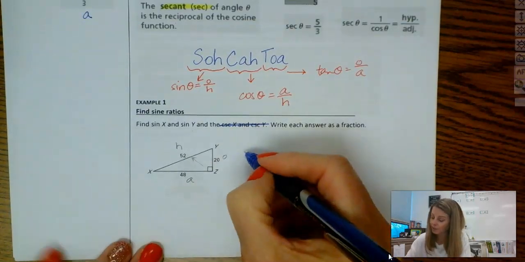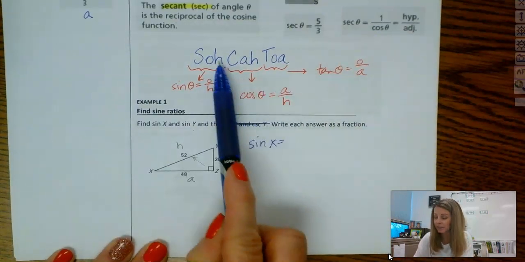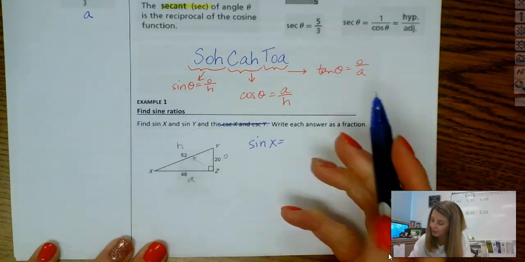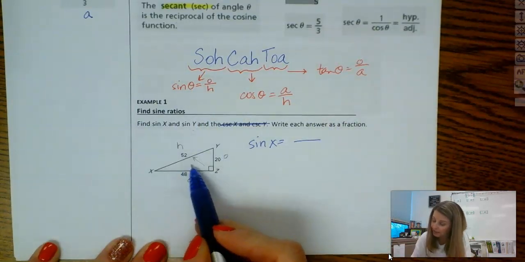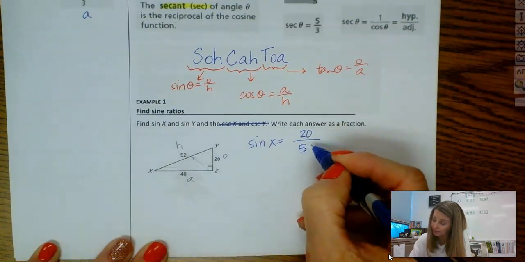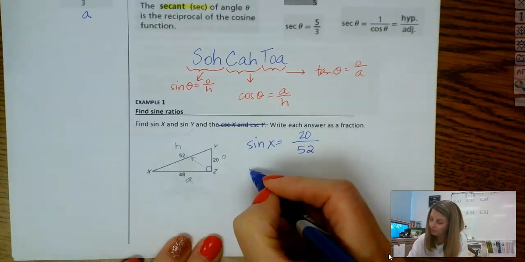Okay, so if I'm going to do the sine of x, I'm thinking to myself, SOHCAHTOA, sine is opposite over hypotenuse. So from x, I label 20 as my opposite, 52 is my hypotenuse. Okay? And so we can either leave it like that, we could reduce it down if we wanted. I'll just leave it like that because I want you to see the opposite over hypotenuse.